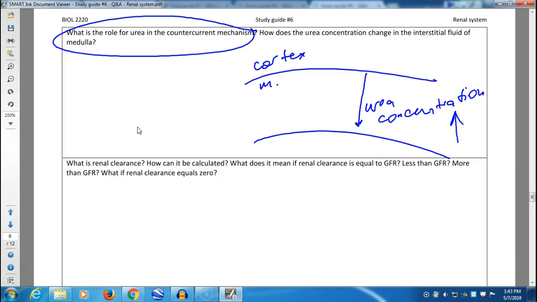If it's 0, completely reabsorbed. If it's between 0 and GFR, partially reabsorbed. And if it's more than GFR, it is secreted. So it's filtered and secreted on top of that.